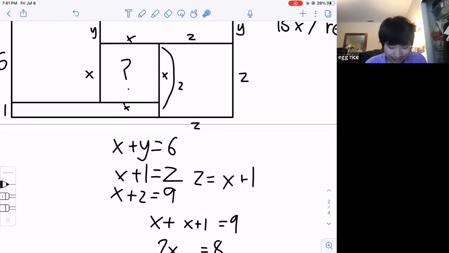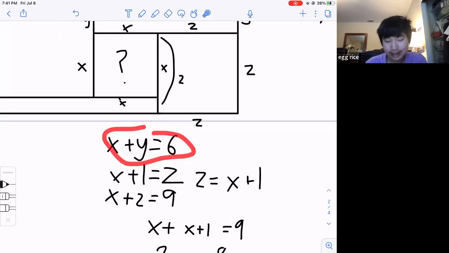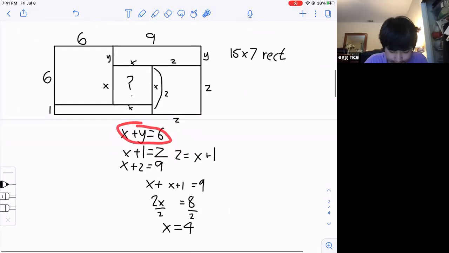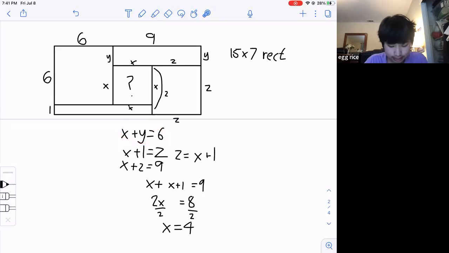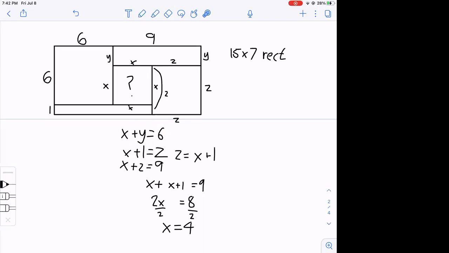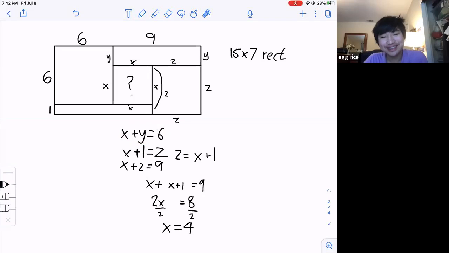Because the truth is we technically do not need this, but it is another way to figure out the question, because we can also do a similar thing with x plus y. Does that make sense to you? Yeah. Okay, all right.